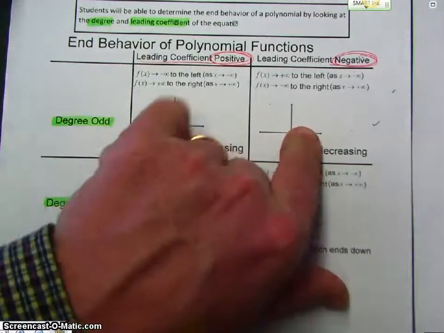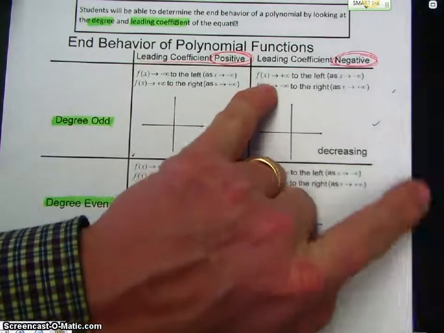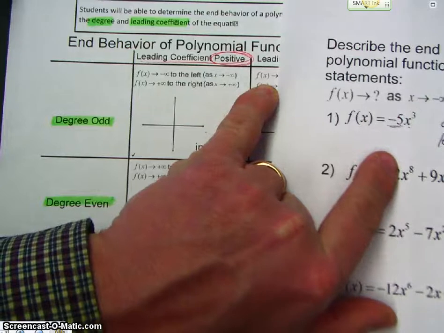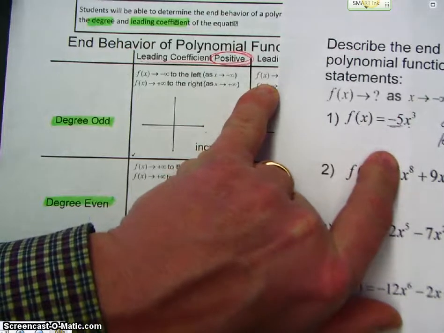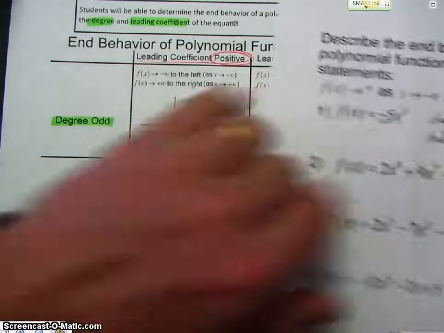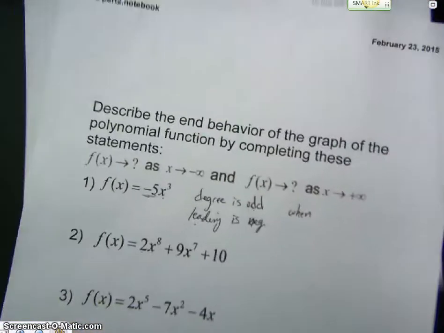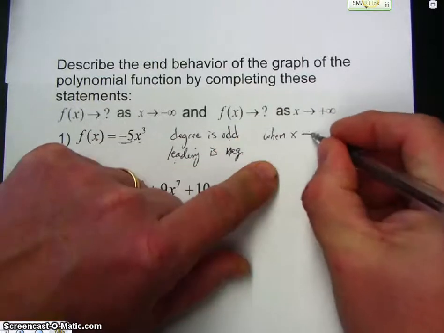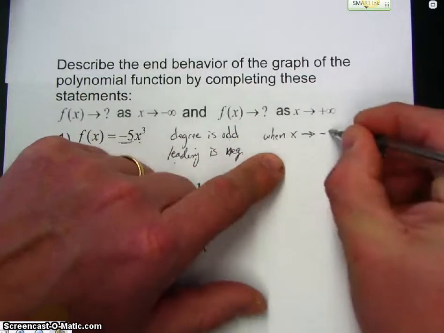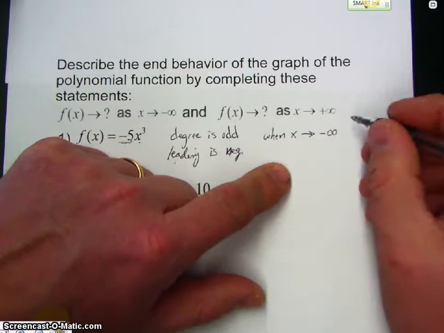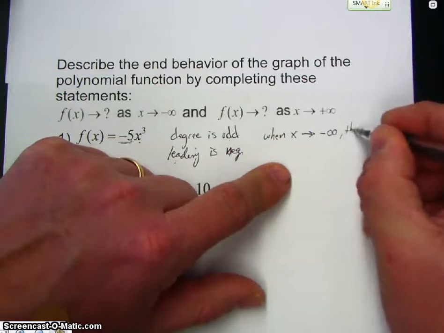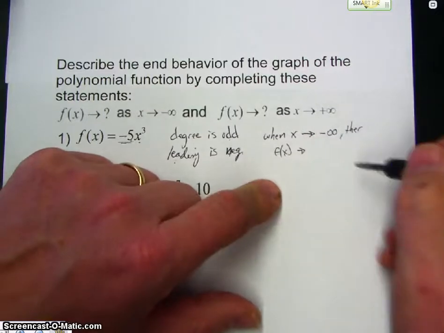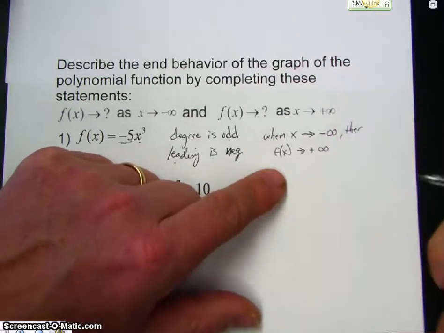So this is how you describe it. You're going to say when x approaches negative infinity, then f of x approaches positive infinity.